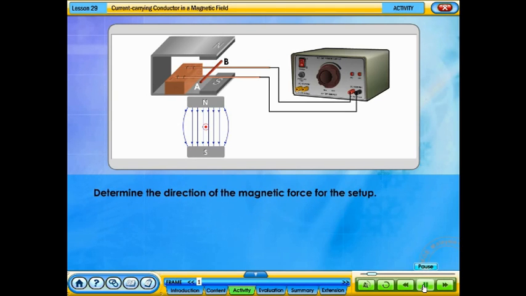Determine the direction of the magnetic force for the setup. Check your answer by clicking on the switch.